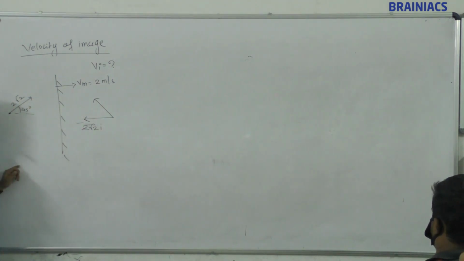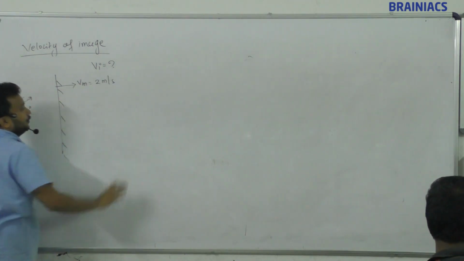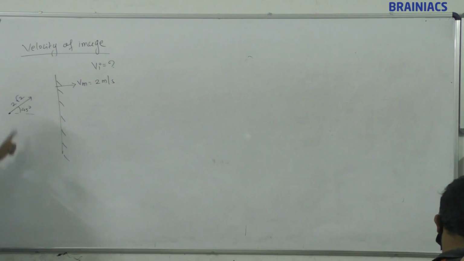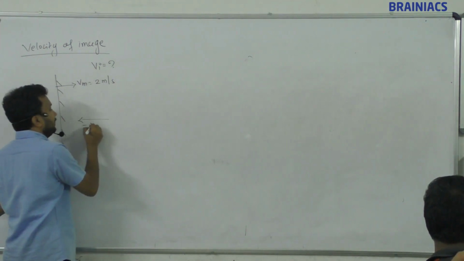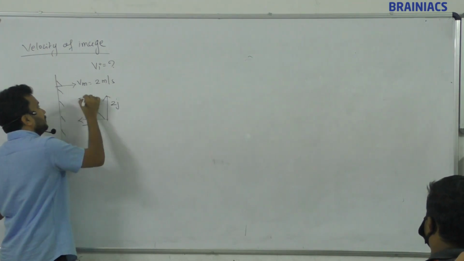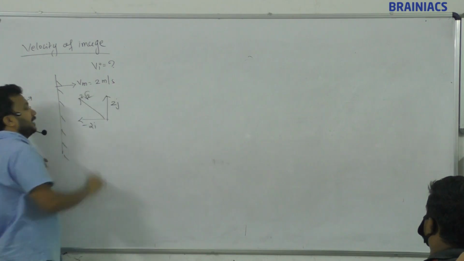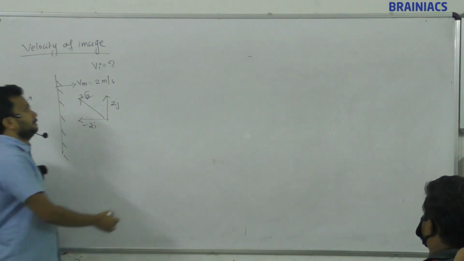No. 2 root 2 is the correct IJK formula answer because it's IJK. Minus 2I, 2J. So in this direction, magnitude 2 root 2. Correct, isn't it? Direction is minus 2. So, one more question.